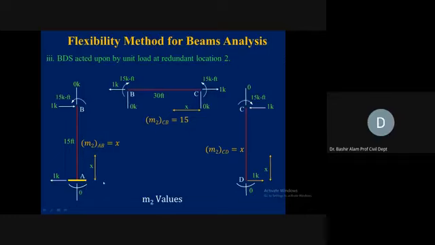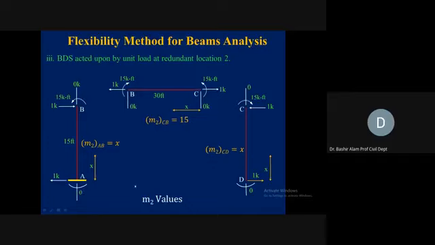It is taking the effect of all these externally applied actions. 1 kip to the right, so 1 kip to the left, summation of Fx is satisfied. Summation of Fy: we don't have any vertically applied load, so the vertical reaction at A is equal to 0.